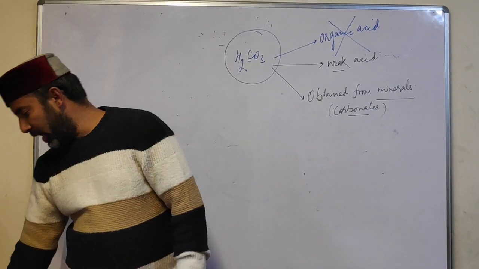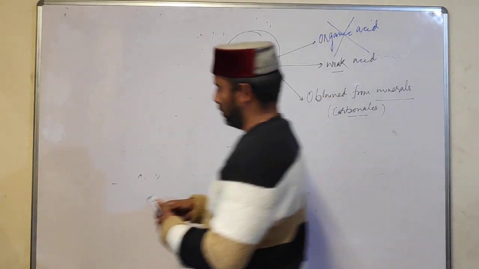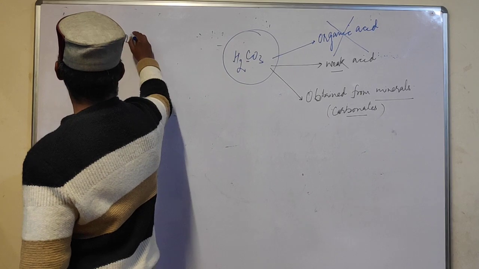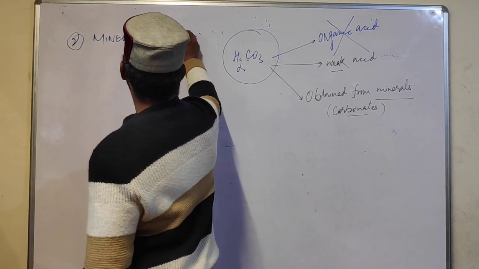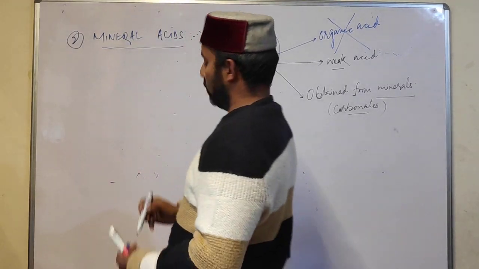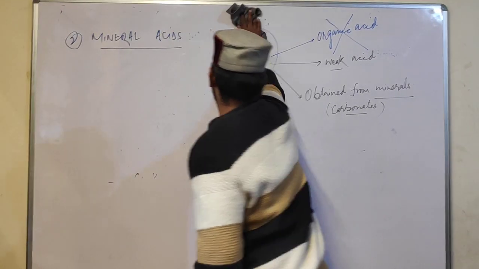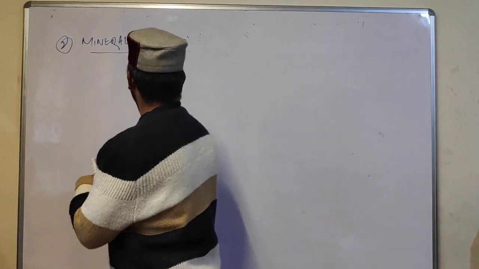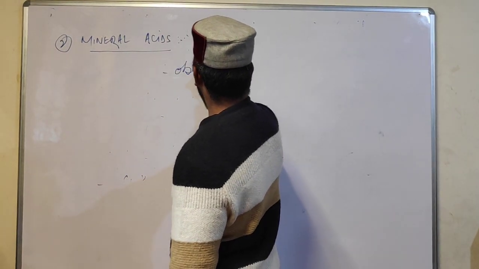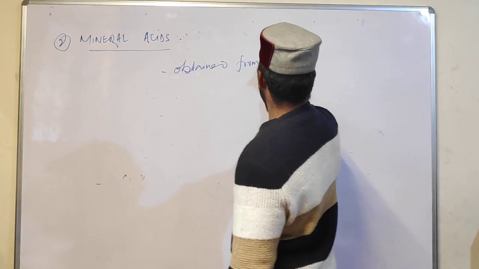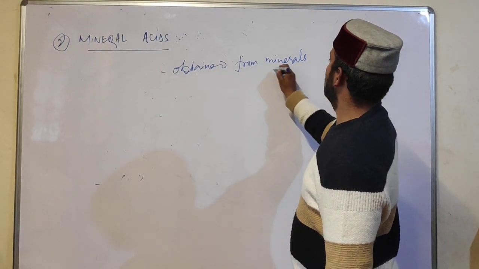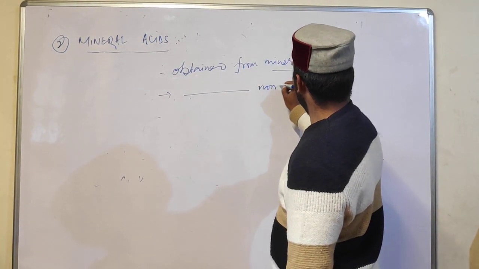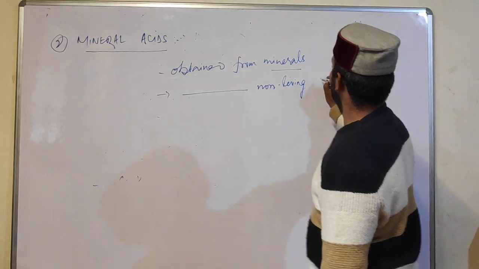Students, now next we have mineral acids. So what are mineral acids? As the name indicates, mineral acids are acids which are obtained from minerals, that is, they are obtained from non-living matter.